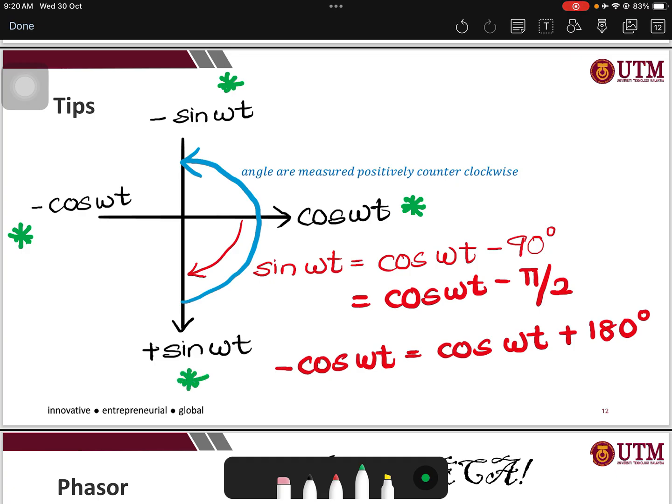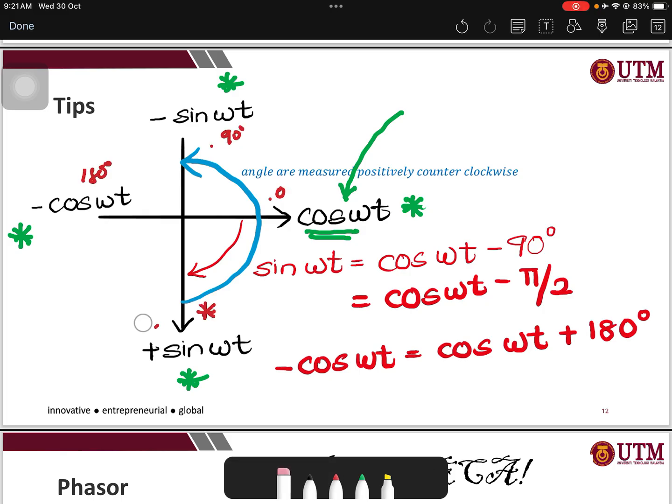Now remember, whatever the signal is, we need to represent our signal in terms of cos omega t. That is the basic, general one that you need to use to represent your signal. Remember the angles are measured positively anti-clockwise, for example from here to here is positive: 0, 90 degrees, 180 degrees, 360 degrees, like that.